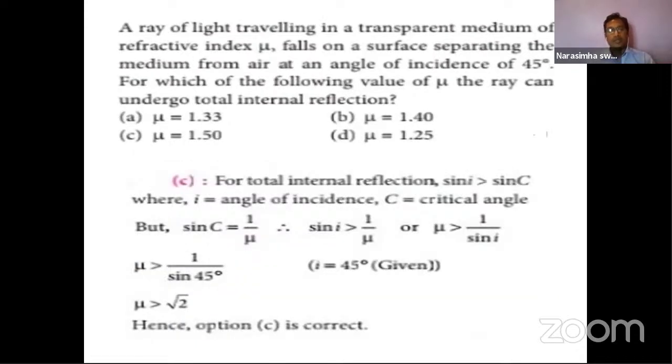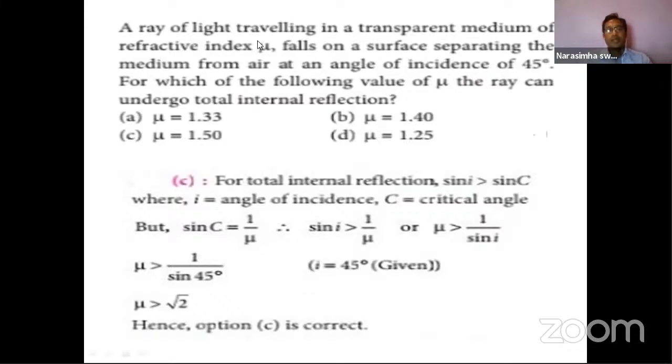And the next is related to total internal reflection or critical angle, right? So here a ray of light traveling in a transparent medium. We identify each and every word given in this.